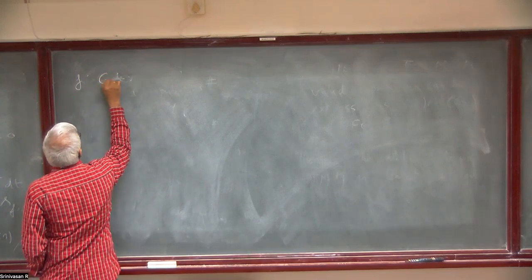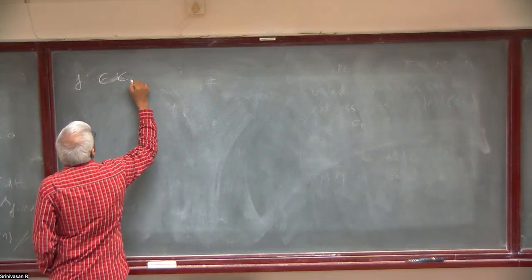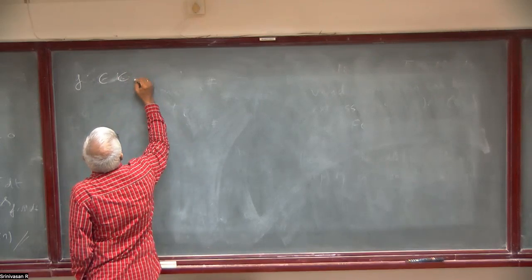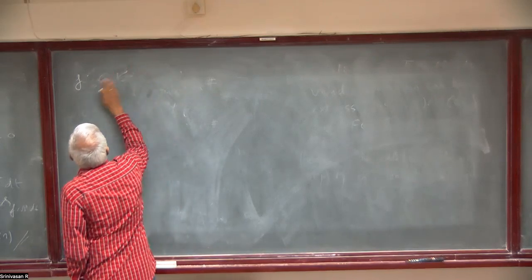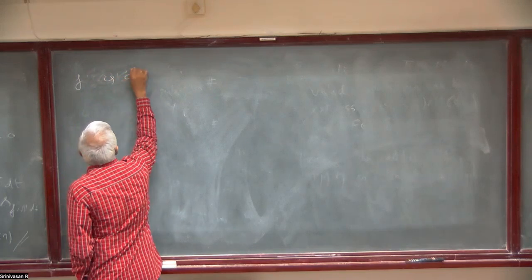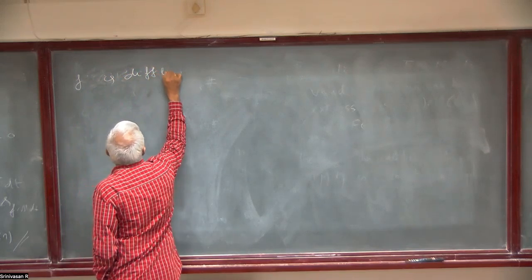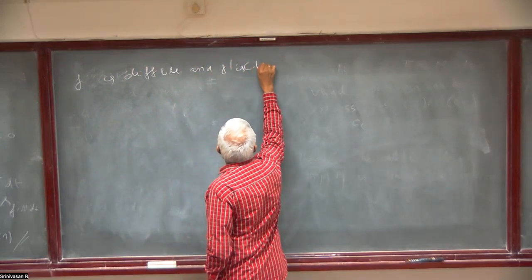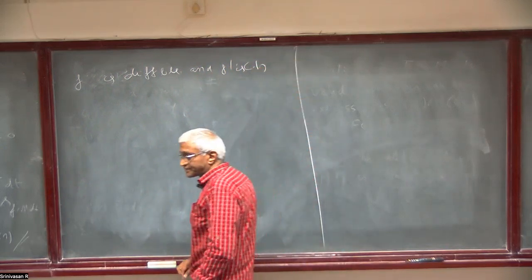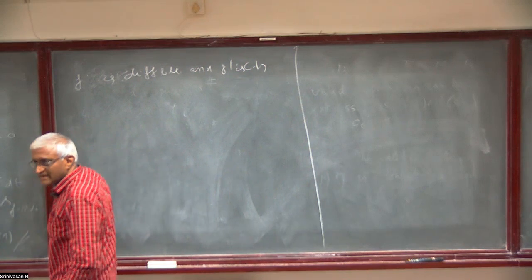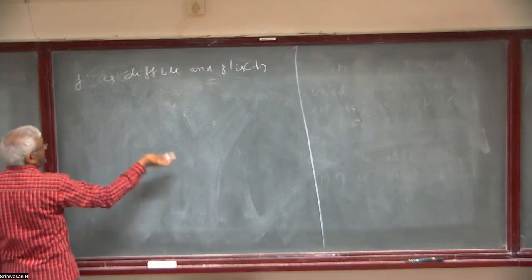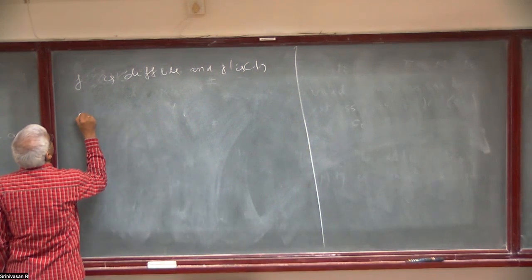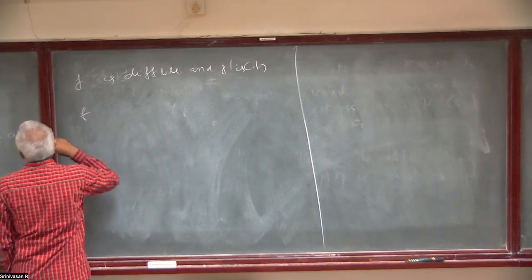F is differentiable and f prime is continuous. You don't need all that, but I just want to make a statement, make a theorem. So then you can compute that f hat.